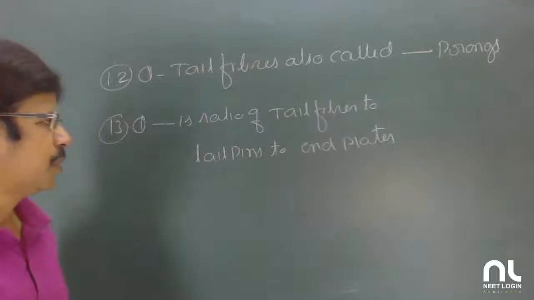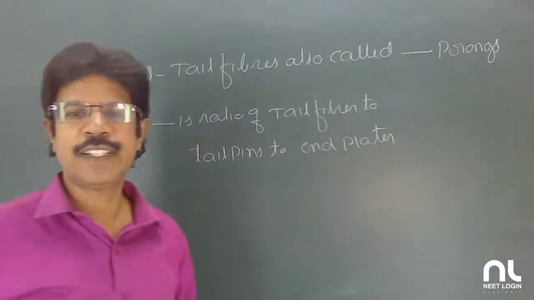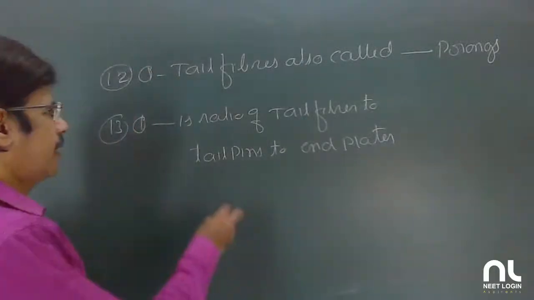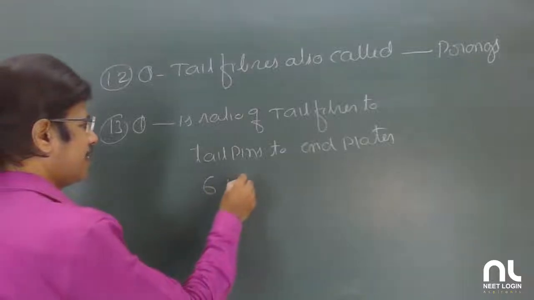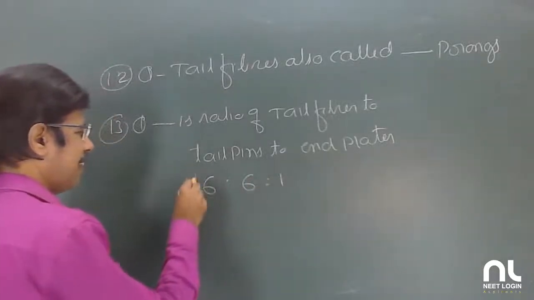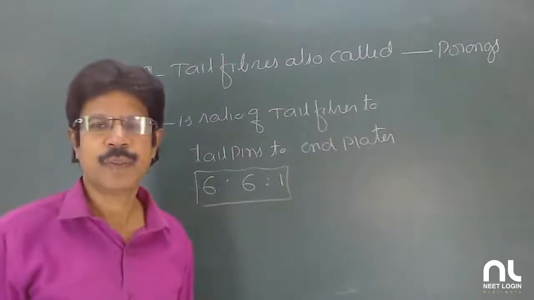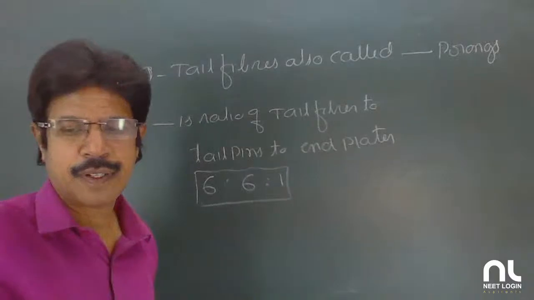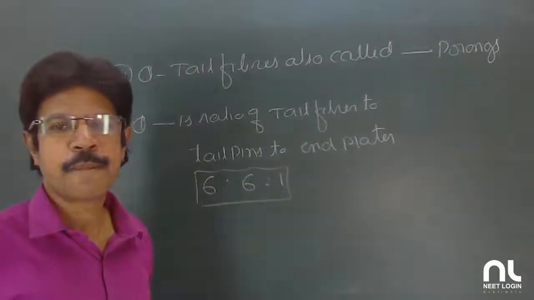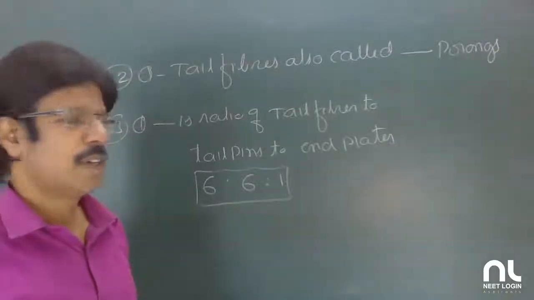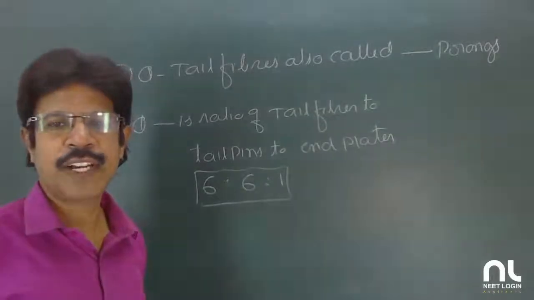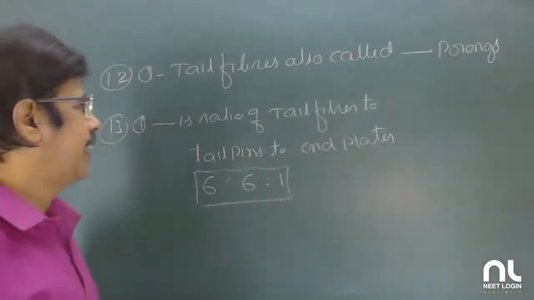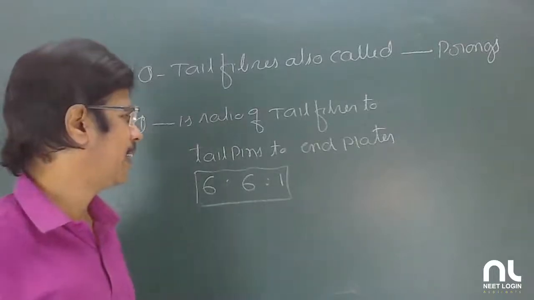Dash is the ratio of tail fibers to tail pins to tail plates in the case of T2 phage. 6 tail fibers, 6 tail pins, 1 end plate. So 6:6:1. 6 tail fibers, 6 tail pins, and 1 end plate.